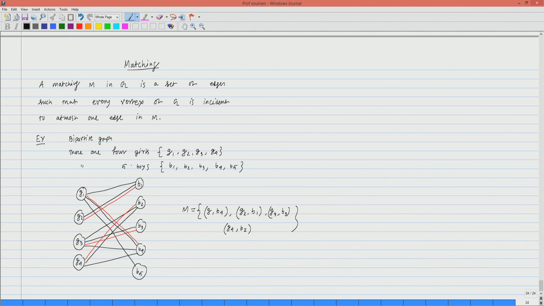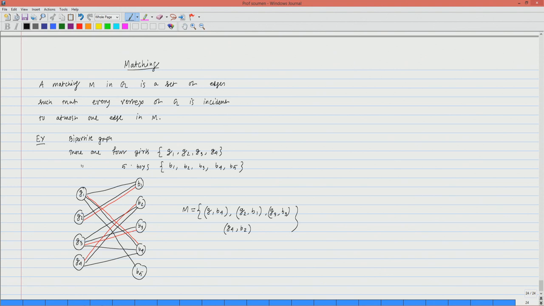Now, we can see that B1 is incident to only this edge, B2 is incident to only this edge. I am talking about the red edges only. B3 is incident to this edge, B4 is incident to this edge, B5 is not incident to any matched edge.